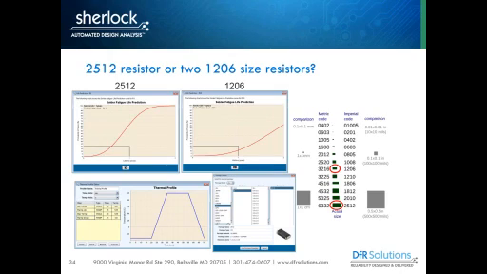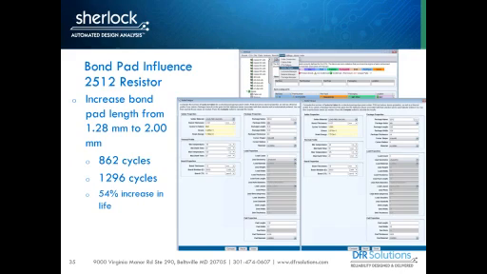There are some standalone tools in the Sherlock software where you can actually make these types of decisions on components. Here's just an example of that. We're going to stick with the 2512 and look at what happens if I increase the bond pad length from 1.28 millimeters to 2 millimeters.